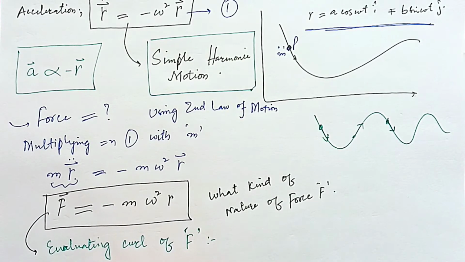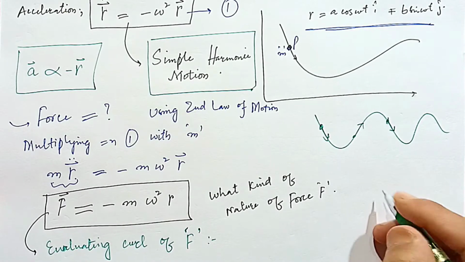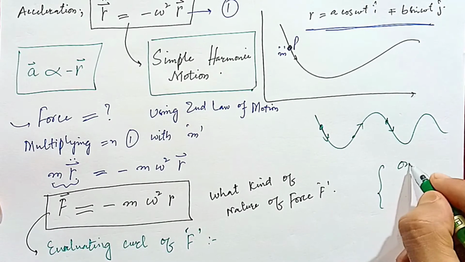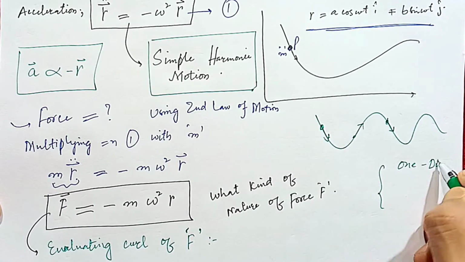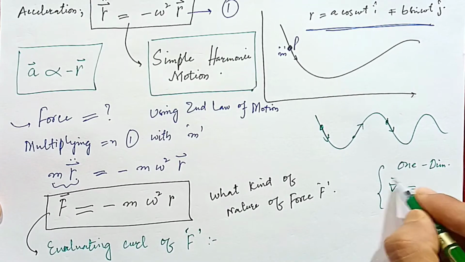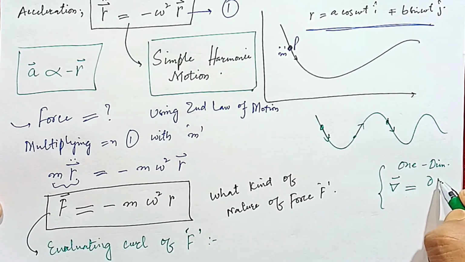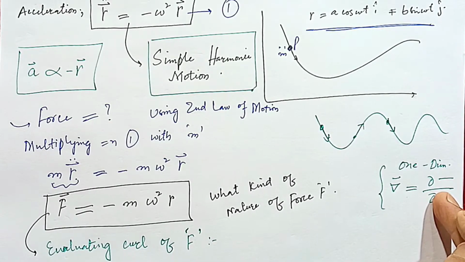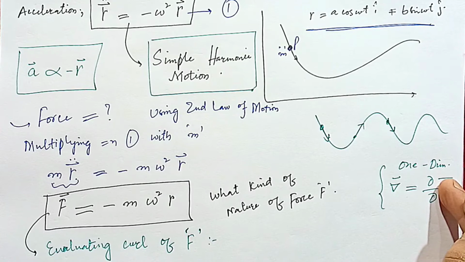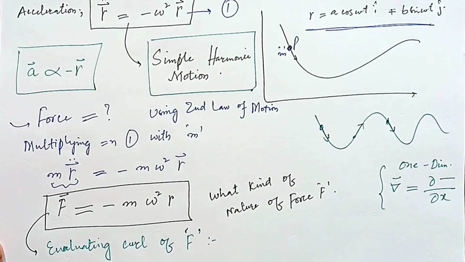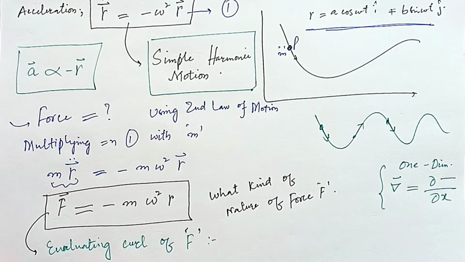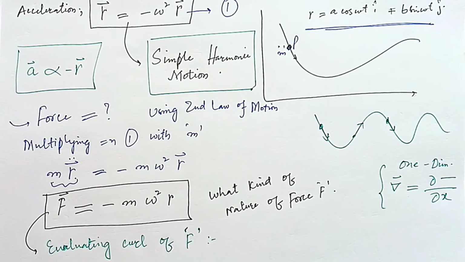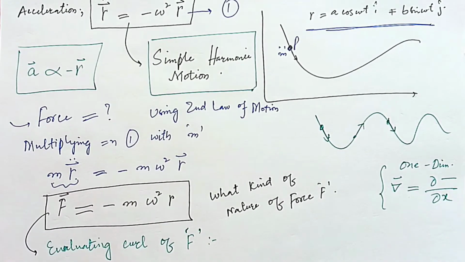Delta cross F, and delta means, in one-dimensional motion, delta is equal to d of something by dx, that is the differentiation of that very quantity with respect to x. In two dimensions it is d by dx plus d by dy, that is differentiating with respect to x and then again differentiating with respect to y.